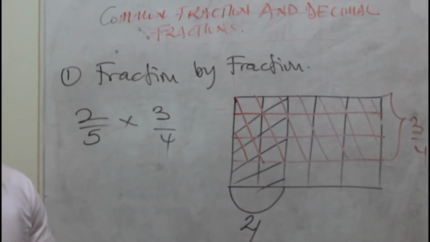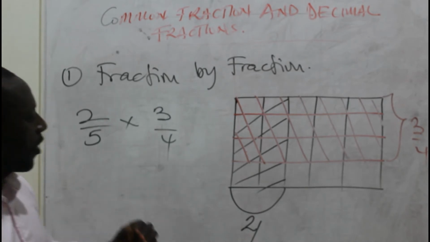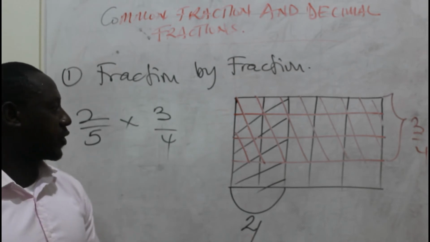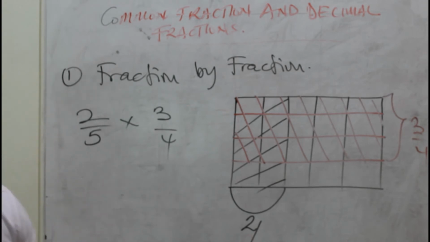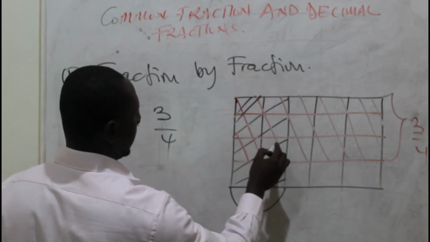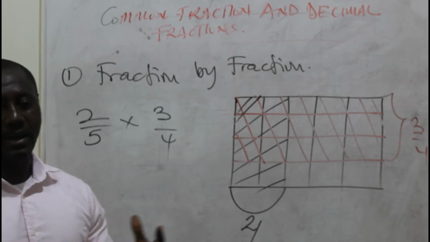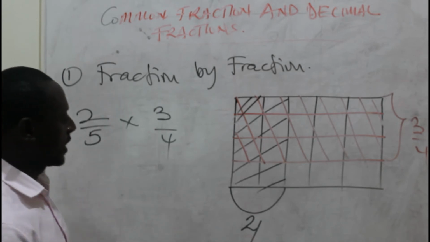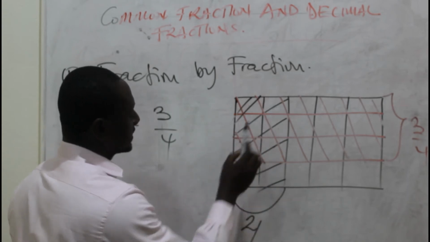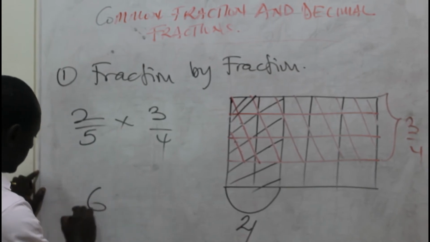Now when you are done, you then guide the kids to count the number of double shaded portions involved. So you look at here where we had the black, okay, and then the red overlapping, where they overlap. So now you can see that we have 1, 2, 3, 4, 5, 6. So the double shaded portions involved here is going to give you 6.